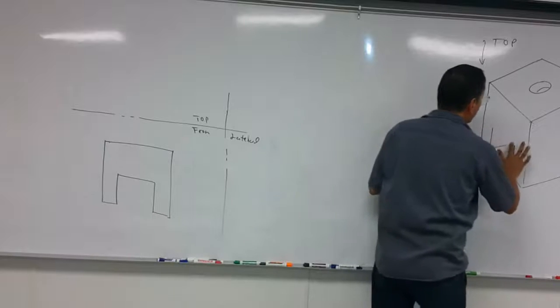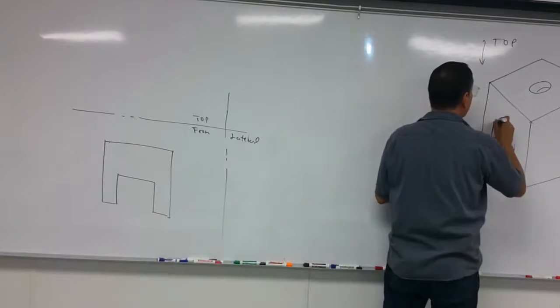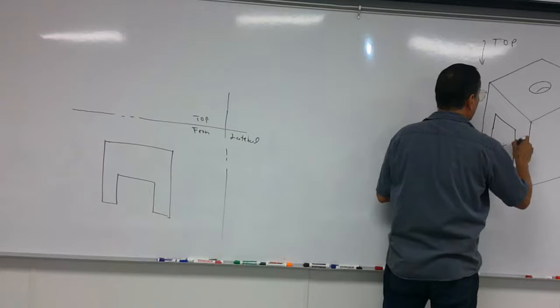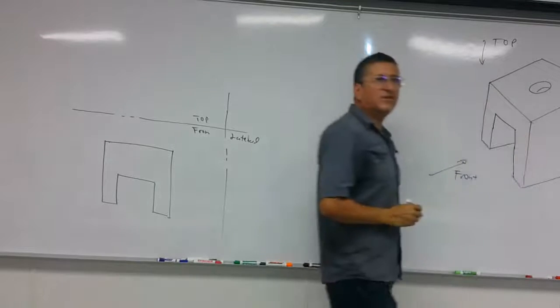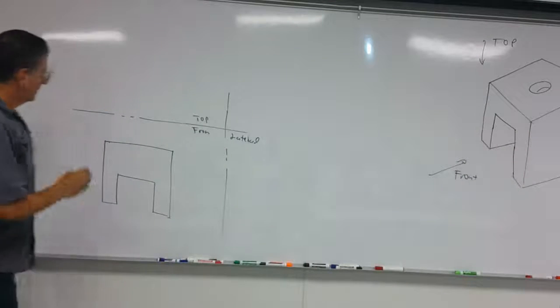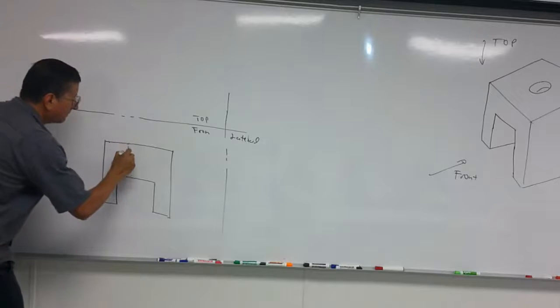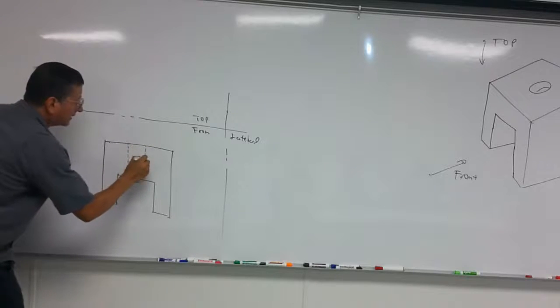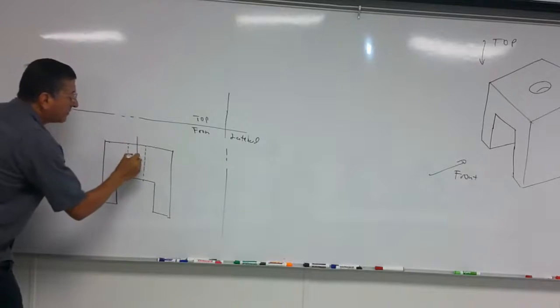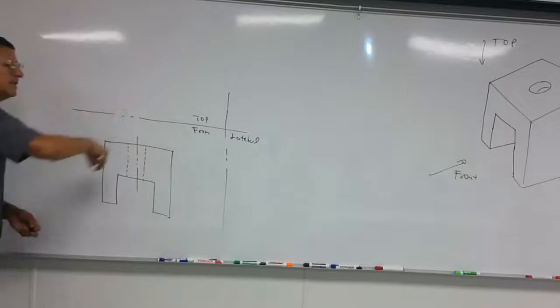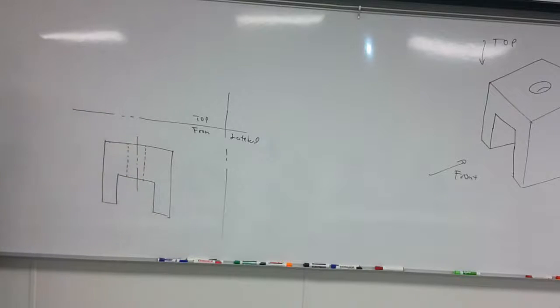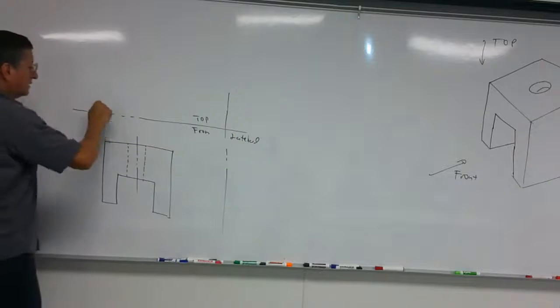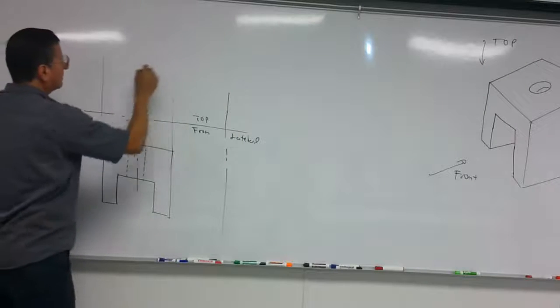Visible. Invisible in front? Invisible in front. It's here, no? It's here. And I mark with a center line indicating that it's circle. Great? Nice. What about on top? That's the projection.